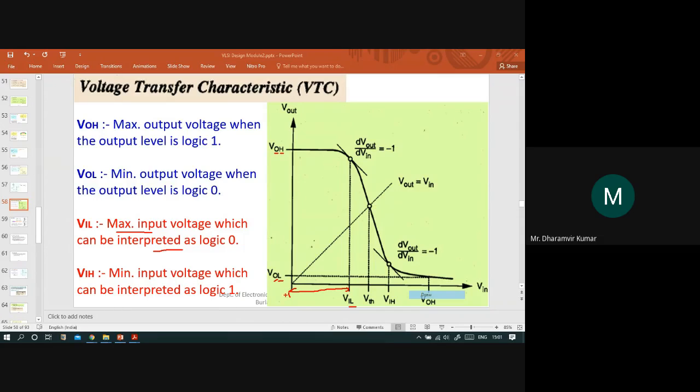This was the lowest point and this was the maximum point when the input voltage can be treated as logic 0. Above this we cannot assume that the input voltage is low, but below this we will assume that it is low. So this is how VIL is defined.